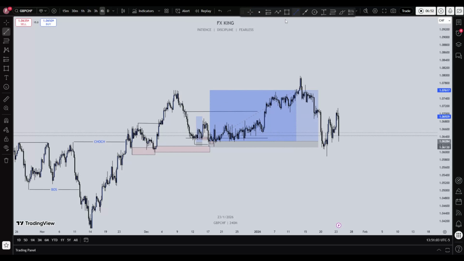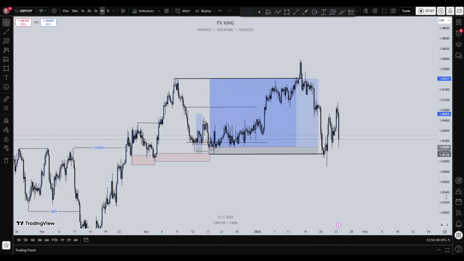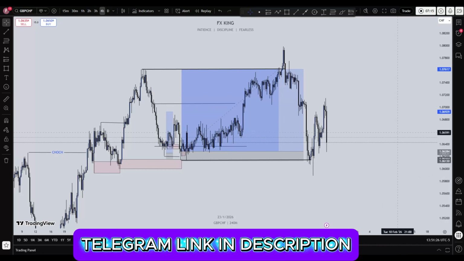So we have a break of structure here. This is a valid break of structure, no doubt. Then we had our protected low here. Now, if you look at this carefully, this pair came back down. It violated this low, but it has not closed under this low here.